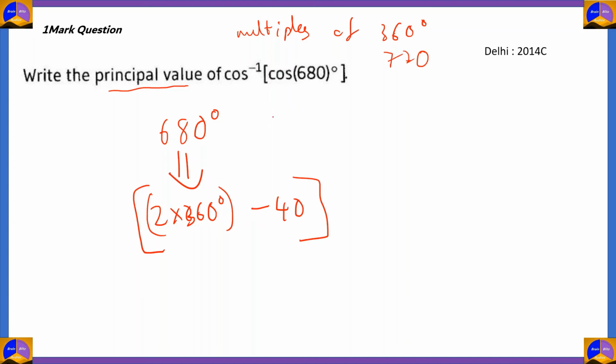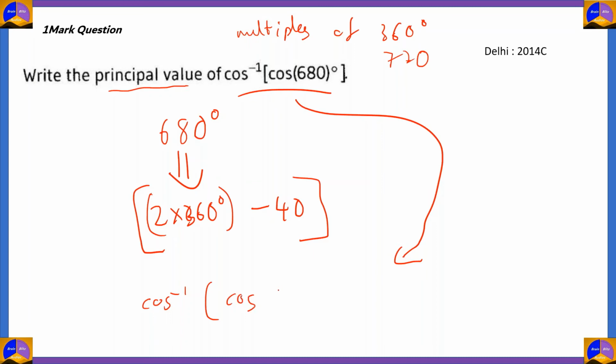So cos inverse of cos 680 degrees will become cos inverse of cos of 2 times 360 degrees minus 40 degrees. How do we solve this further? Now over here, the angle 680 degrees is in the scenario cos of 2 pi minus theta.